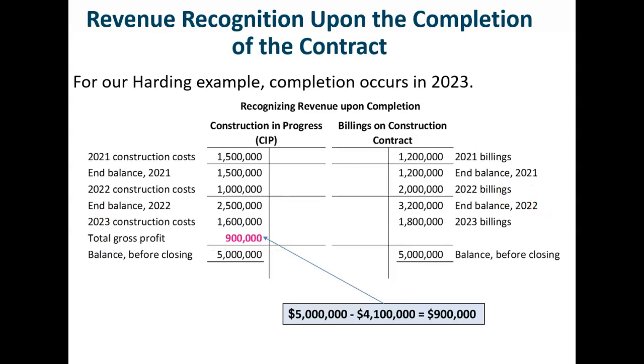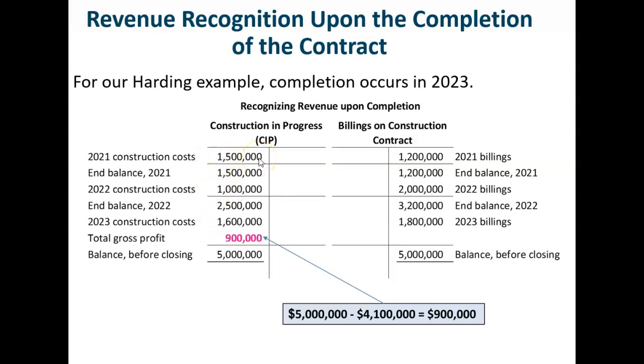Prior to then, CIP includes only costs, showing a cumulative balance of $4,100,000 when the project is completed in 2023. These are the same numbers and coming from the same journal entries that we talked about in the prior slide.